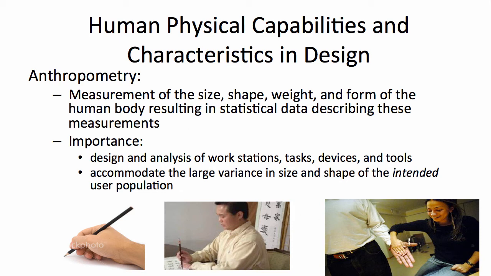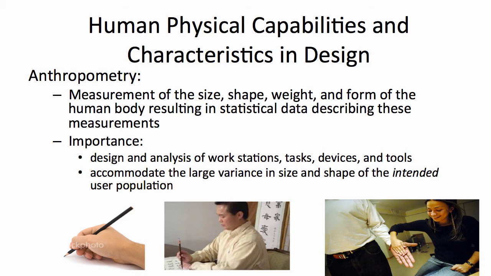So for example, something that's designed for users with large hands, where the typical user would have large hands, may be different than something that's designed for a user that typically has small hands. Something designed for children should be very different than something designed for adults, for example.